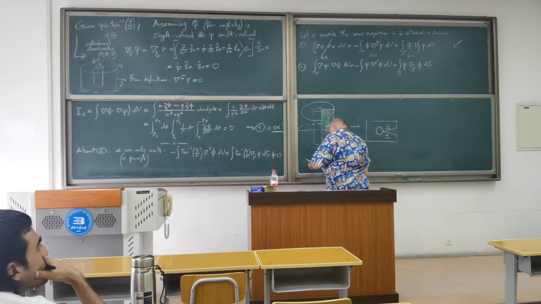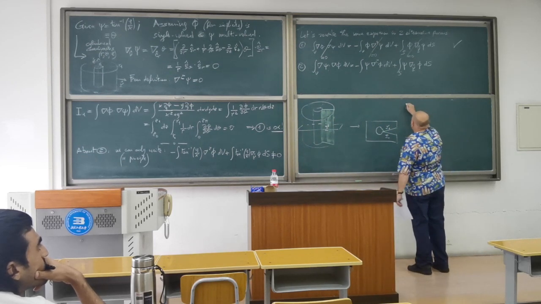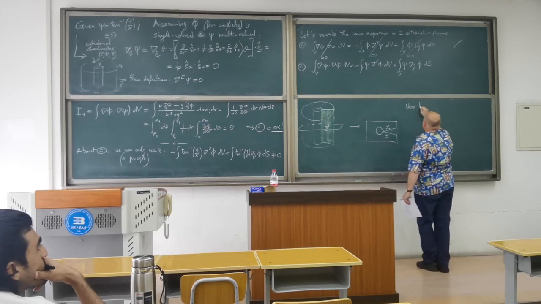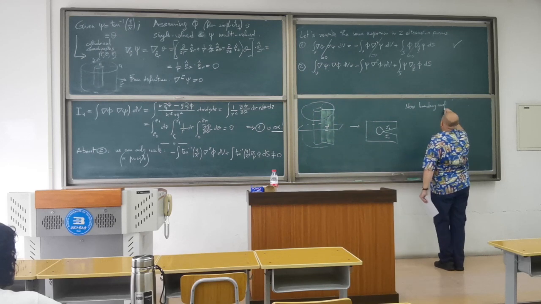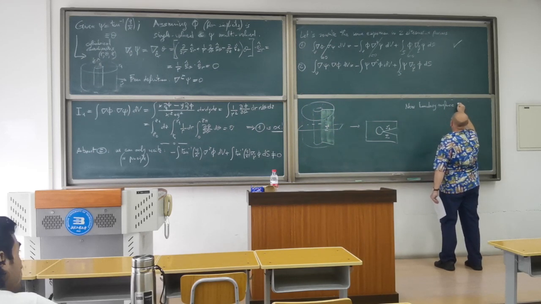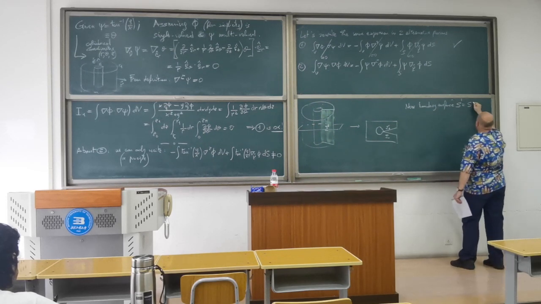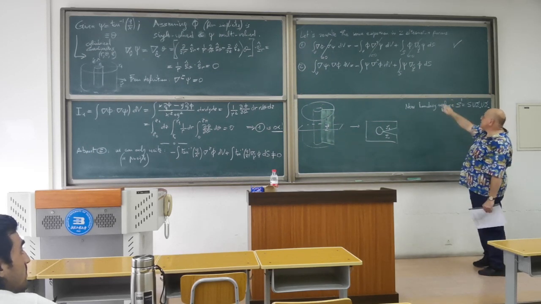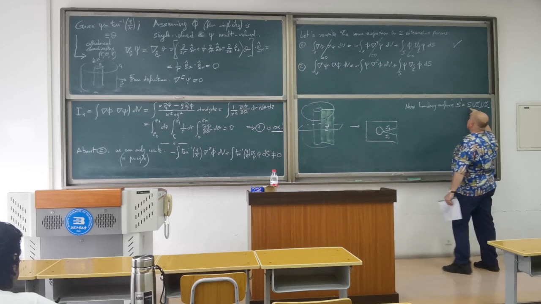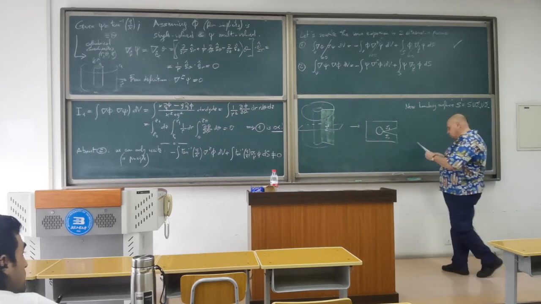Okay, so when I do this, the new boundary surface S is the old boundary plus the sigma plus and the sigma minus. So the integral has to be over S, which we had, and then the other two contributions.